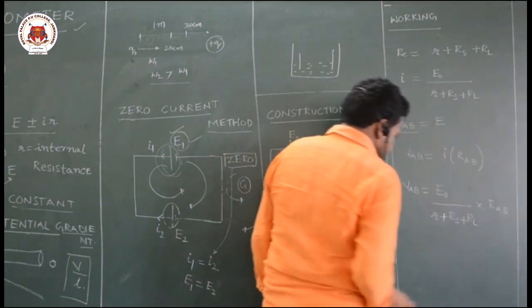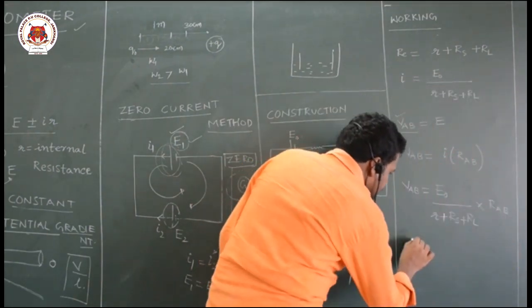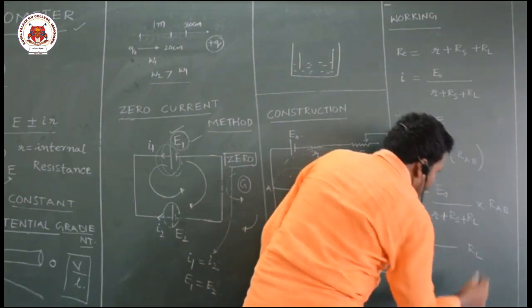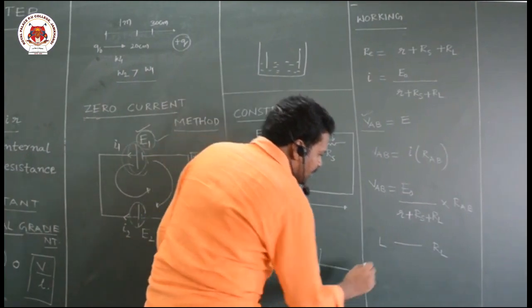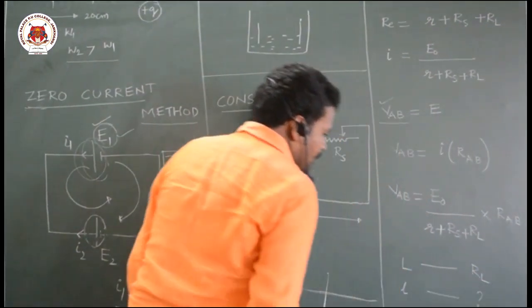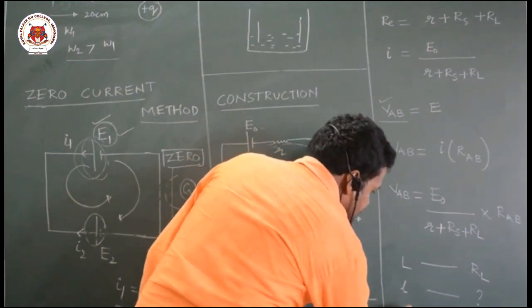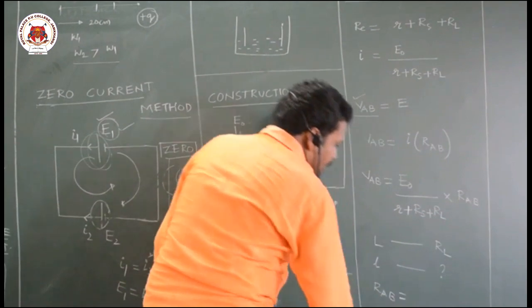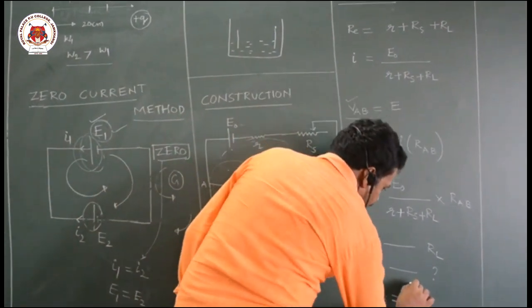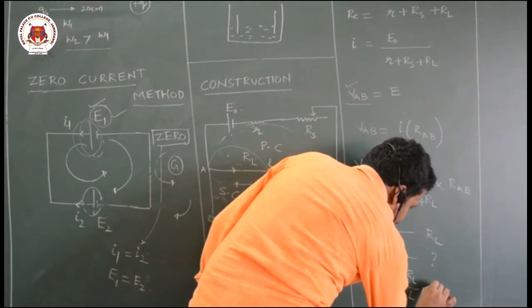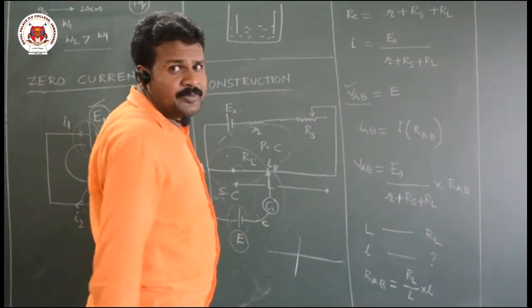Now resistance of total length is RL. If I want to calculate resistance up to small l, that resistance across AB will be equal to RL by capital L into small l.